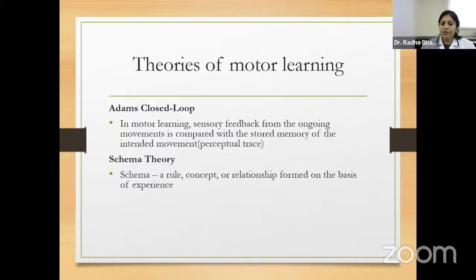According to the Adams closed loop theory, in motor learning, sensory feedback from the ongoing movement is compared with the stored memory of the intended movement, which is your perceptual trace. What exactly this means is, for example, if you want to go to a certain place, you know this is the road which will take me to that place. When you go to that place two or three times by that particular road, this is repetition or practice.